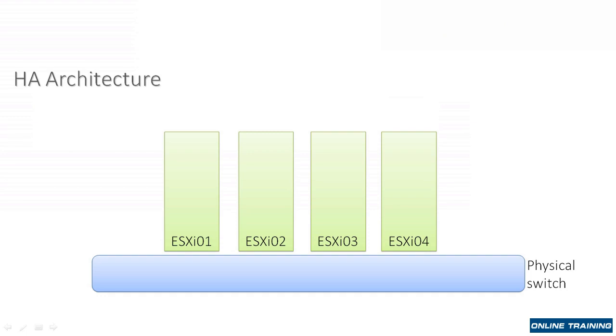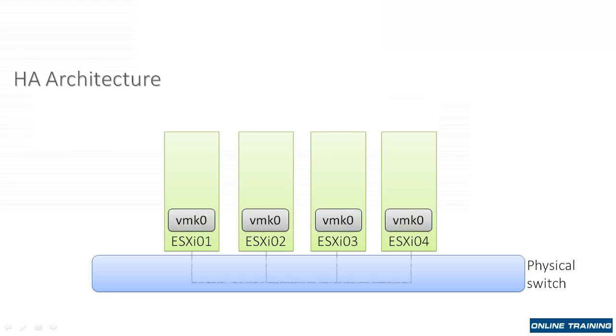Now we're just going to take a very brief look at the architecture of high availability at a pretty high level. Here we see VMkernel ports running on every host in my cluster, and those VMkernel ports are marked for management traffic.